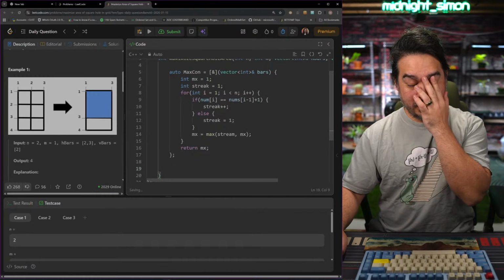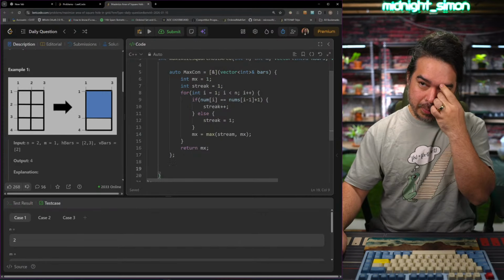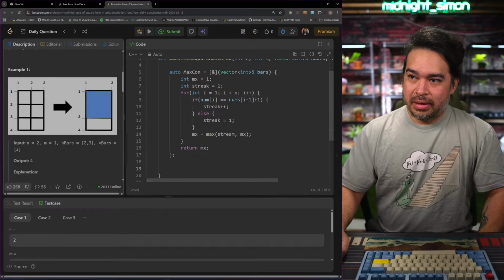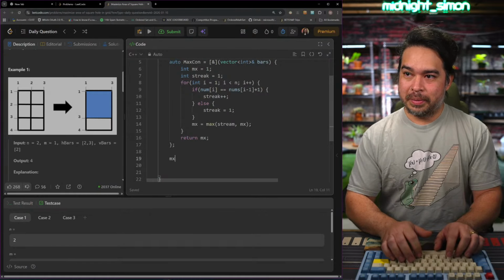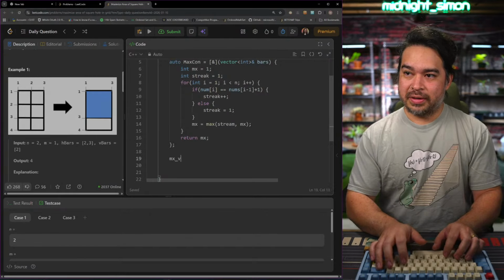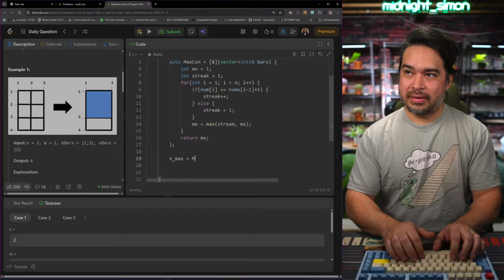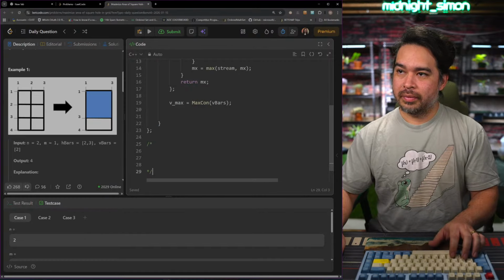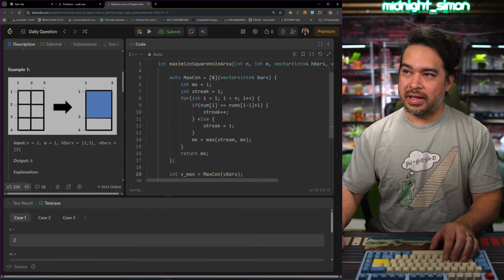What am I doing now? I guess I'm just, there has to be more to it, because I'm not even using N and M yet. I guess we'll find out soon enough. So the max vertical, should I call it Vmax, is it's an integer, right?